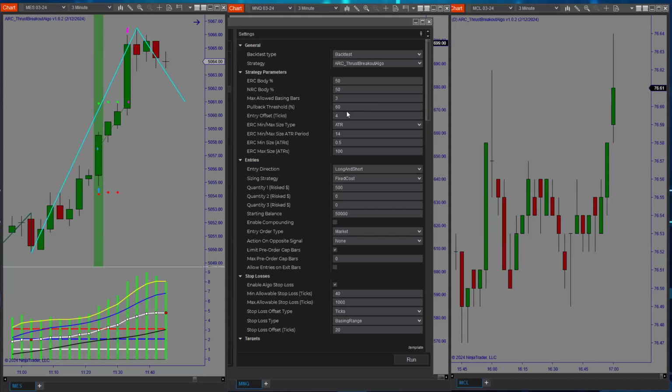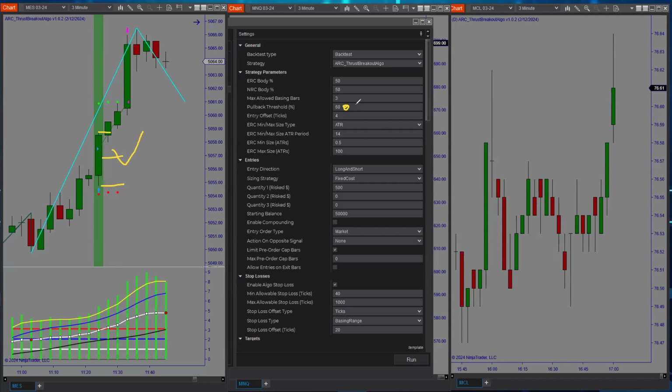Pullback threshold. This is again how deep into the rally candle the market is allowed to go. Again, the standard there is probably 50. We found in testing that it doesn't have to be the exact number of 50. It can be a little deeper than that. Again, you can get a little bit more defined with this on, say, an NQ or even an RTY or YM or something like that that has a higher tick count versus something like an ES or crude.